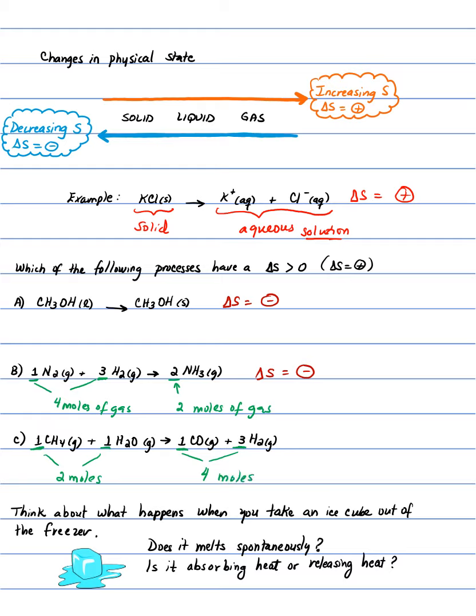So you're going from 2 moles to a total of 4 moles of gas. So this last one, the entropy is actually increasing because the gases on the reactant side, with just 2 moles, are more organized than when you have 4 moles of gas on the product side.